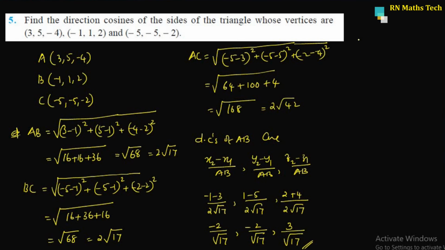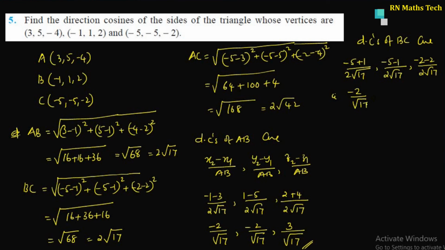Now direction cosines of BC. Direction cosines of BC are minus 5 plus 1 by 2 root 17, minus 5 minus 1 by 2 root 17, minus 2 by 2 root 17. That is minus 2 by root of 17, minus 3 by root of 17, minus 1 by root of 17.